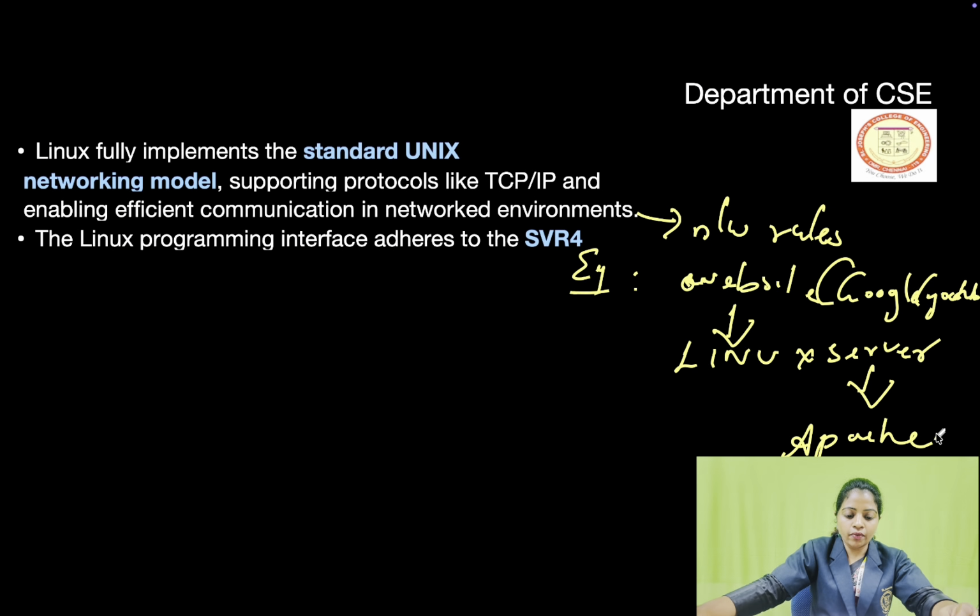So whenever you open a website like Google or YouTube, the request is sent to the Linux server, and that server runs software like Apache. That is the meaning of this.